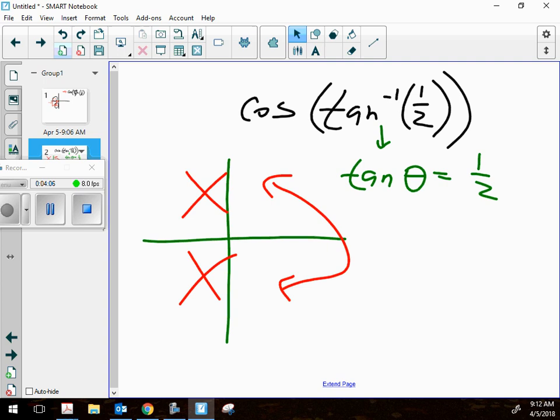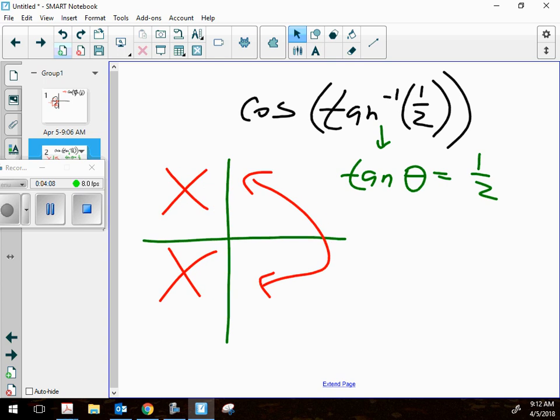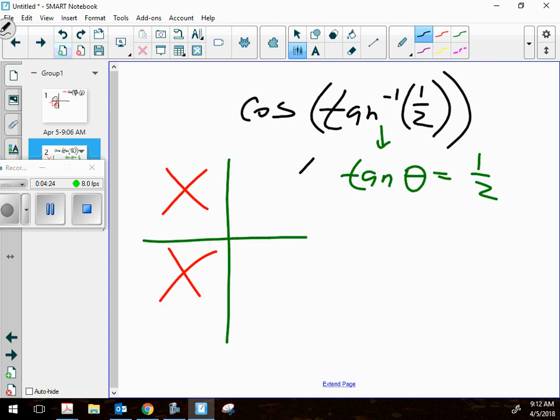And then of those 2 spots, which one must it be? Quadrant 1 or quadrant 4? Quadrant 1. Because, why? Because tangent is positive here, but it's not positive here. So that had to be out.